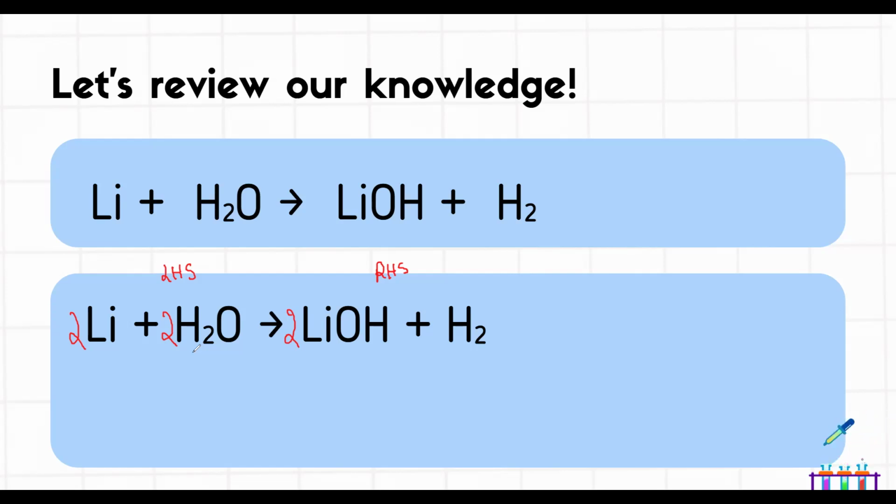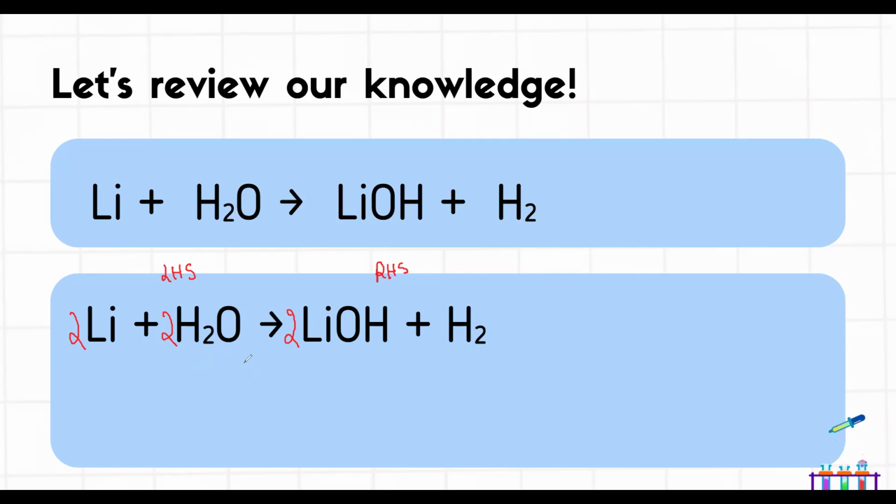You guys may have been confused because there are 4 hydrogen atoms on the left hand side, and you might have considered this as only one, and you might have thought only 2 atoms are there, we have to balance it more. No, we do not have to balance it more, because as there is an extra hydrogen, and as we multiply 2 with it, 2 hydrogen and 2 hydrogen on the right hand side make 4 hydrogen atoms, and on the left hand side there's already 4 hydrogen atoms.